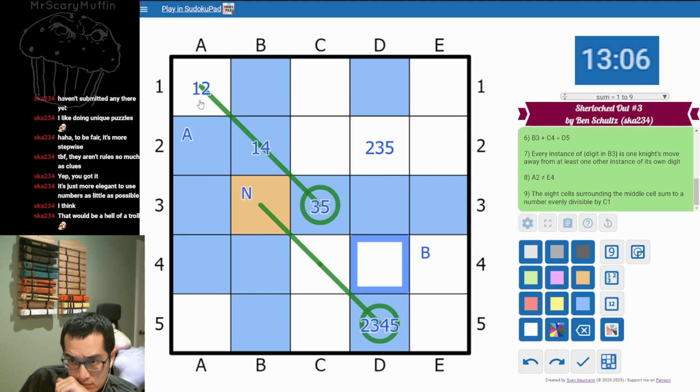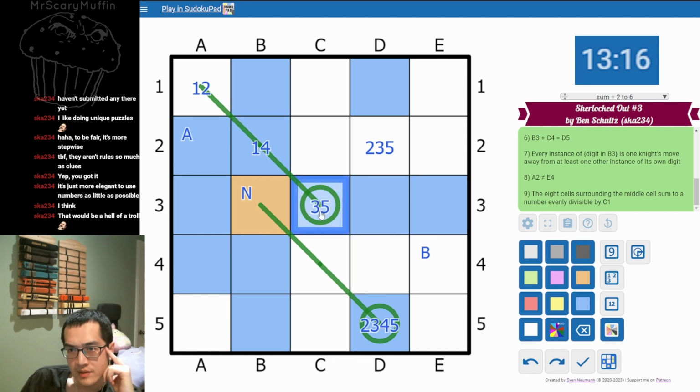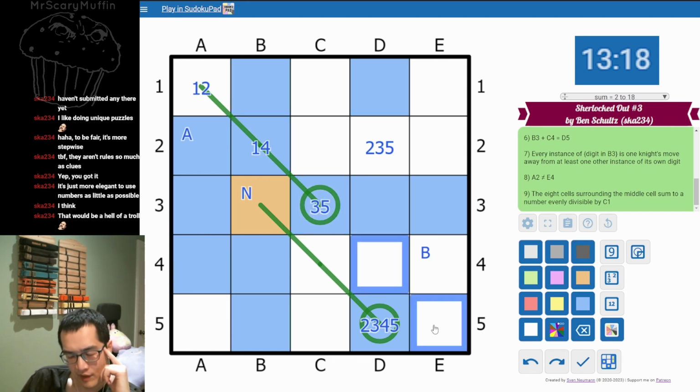Well, if this was 6, this would be 4, 5. And if we needed to add up to 5, then it could be 1, 2, 3, 4. So yeah, all candidates are possible in these two digits.